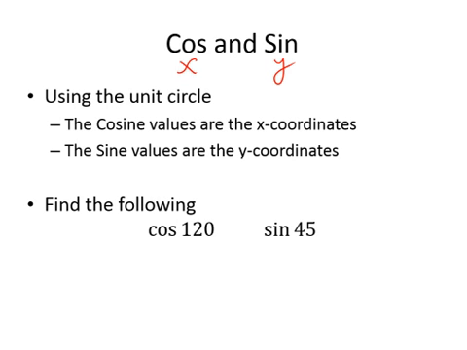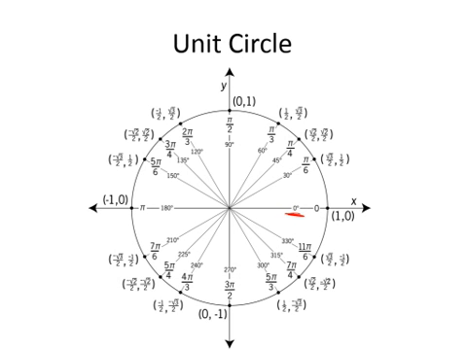If we look at cosine of 120 and sine of 45: for cosine of 120, we go to 120 degrees and look for our cosine value, which is our x value.